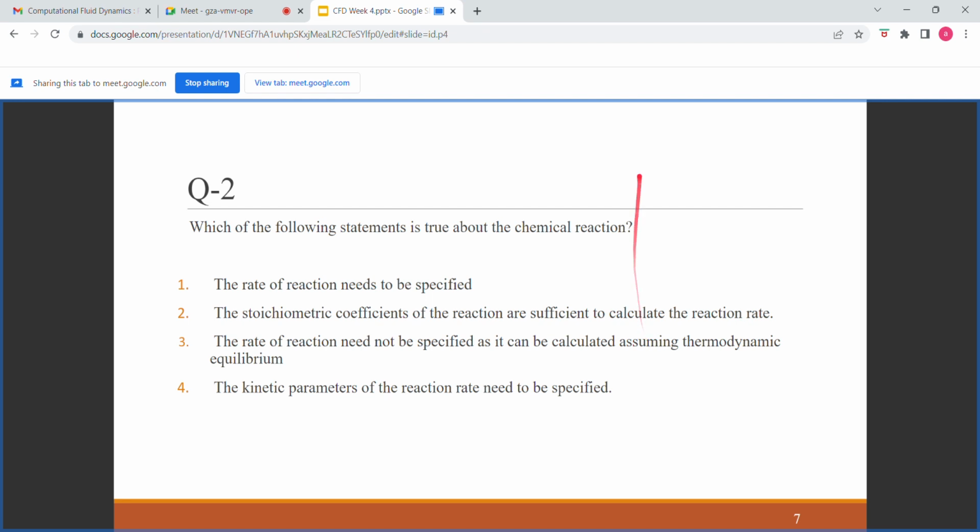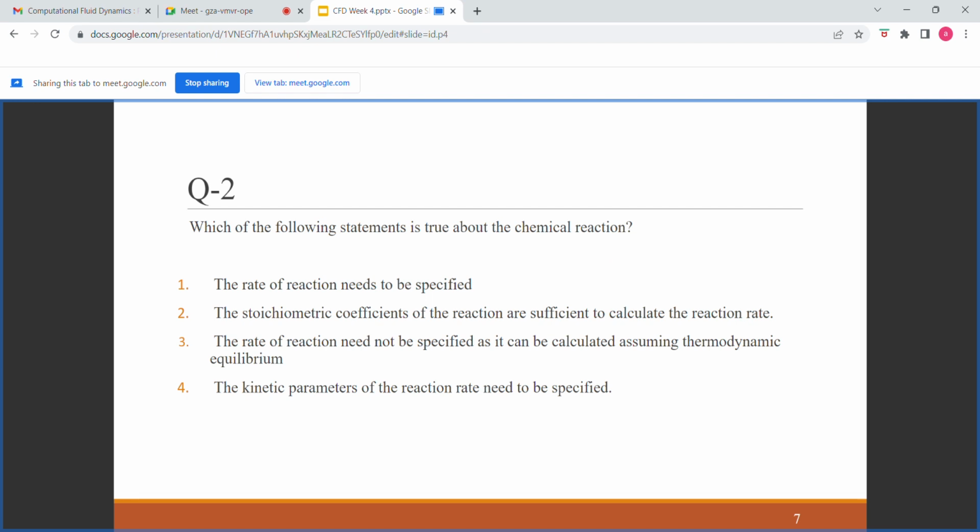When dealing with chemical reactions, a few things need to be looked into. New terms come into the picture, like the species conservation equation, and since it is associated with temperature changes, the energy conservation equation also comes into the picture.